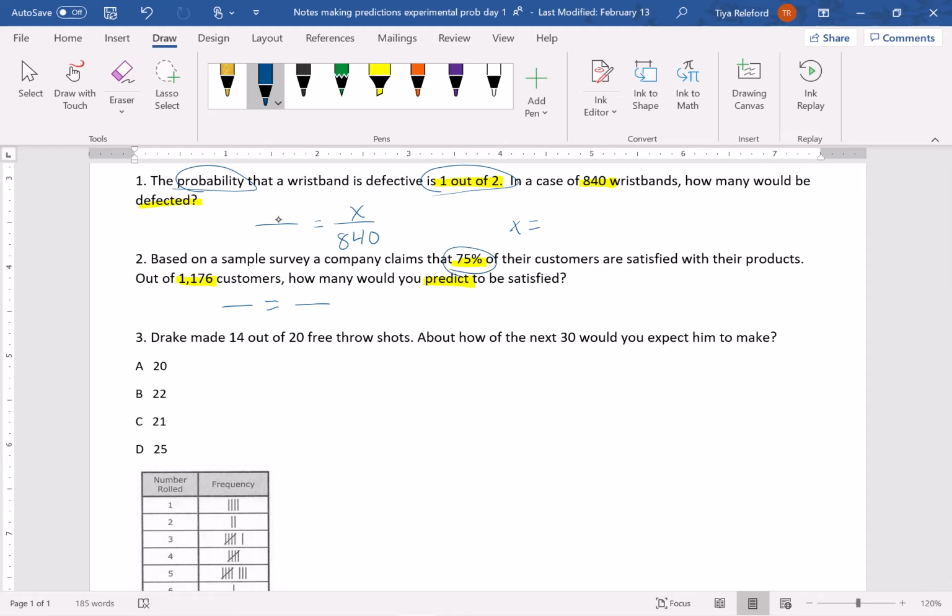So you have 75%. Percents go over 100. And your new total is 1,176. So first you are going to multiply 1,176 times 75.